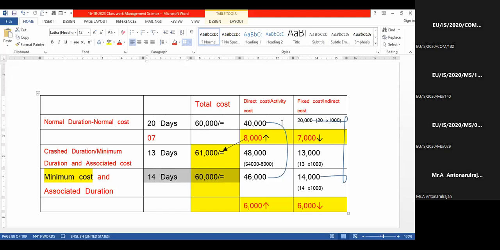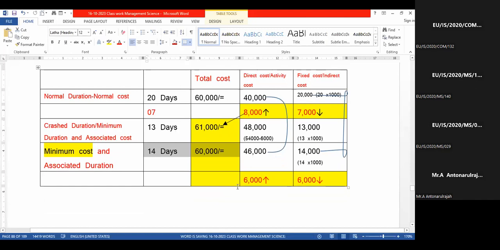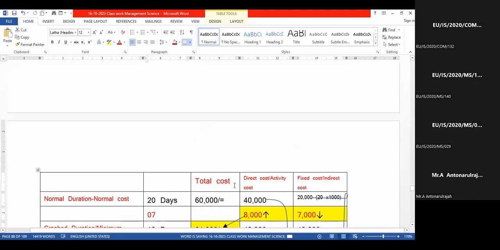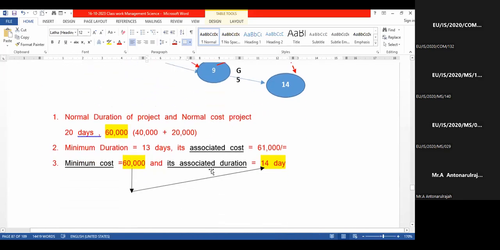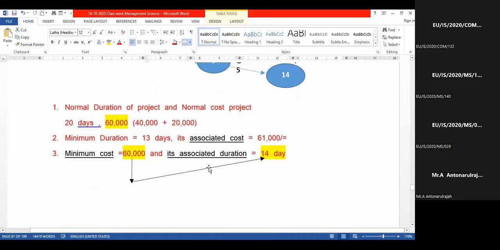So already we have learned this, and anyhow I have to refresh again. So this is about almost the network. You can approach the past papers and practice it and learn more. Okay, any doubts?